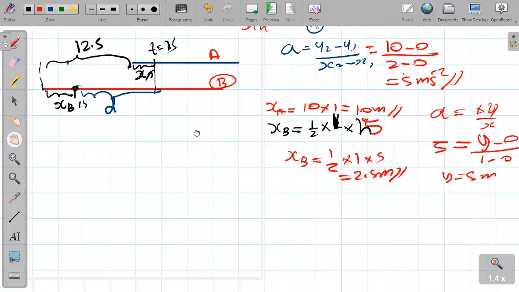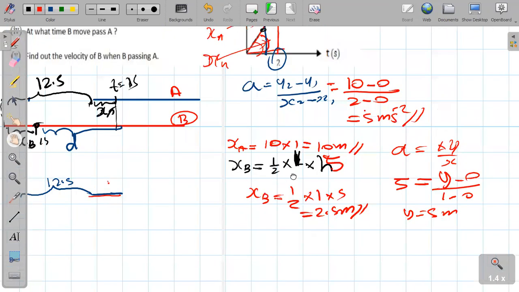Now I am going to apply this to the diagram. At the beginning there was some 12.5 meter gap. Now it's been extended to a new level. What is the distance just made from the first one?